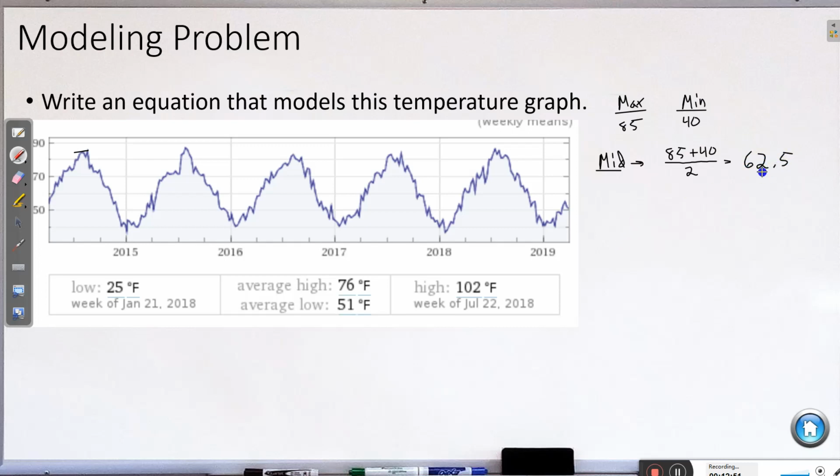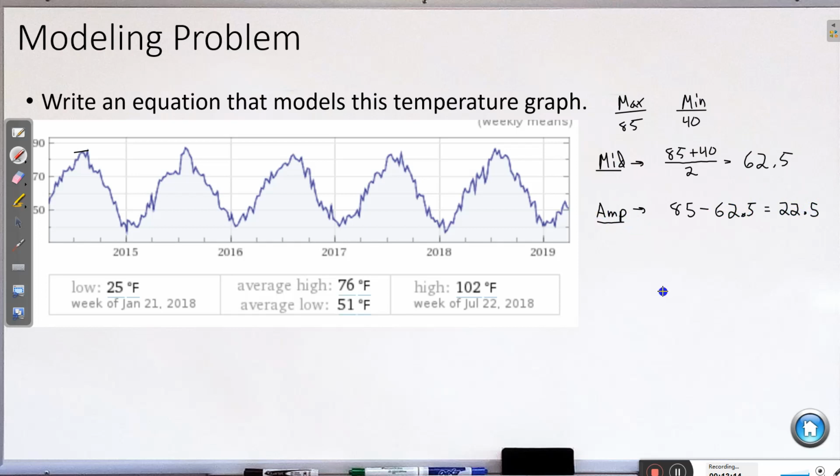All right, once we have the middle, we can find the amplitude by taking the top minus the middle. So 85 minus 62.5 gives us 22.5. So we know the amplitude, we know the midline.